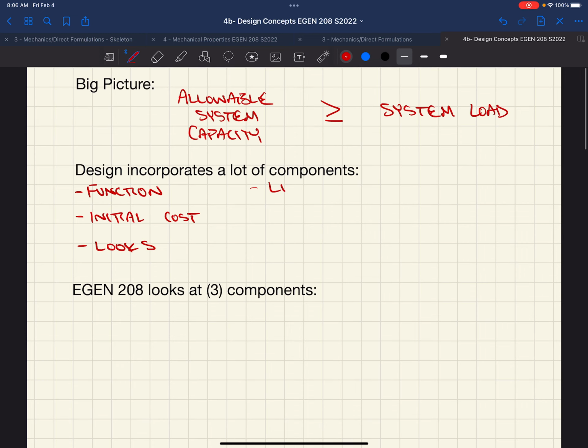Yeah, and then with liability, I'd say safety. I'd call this what we would call life cycle cost. Sustainability, environmental impact.